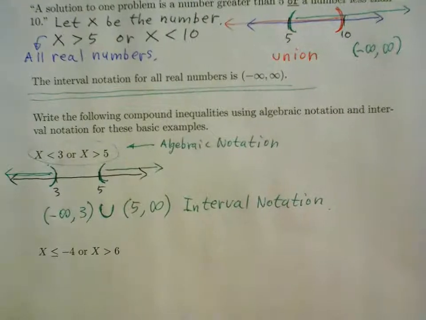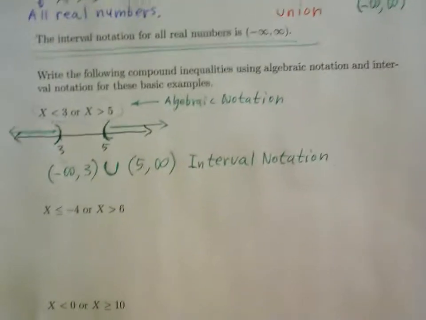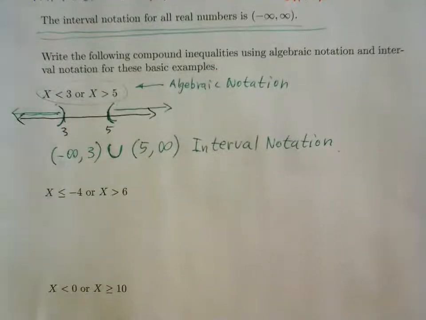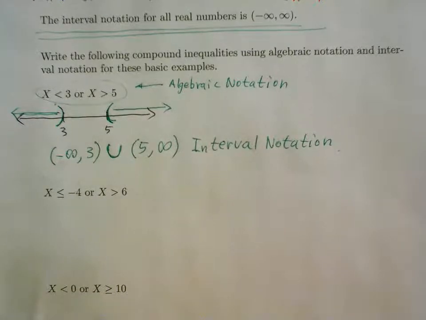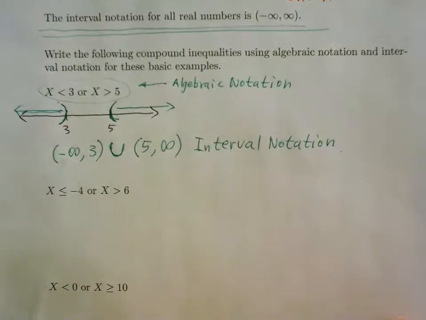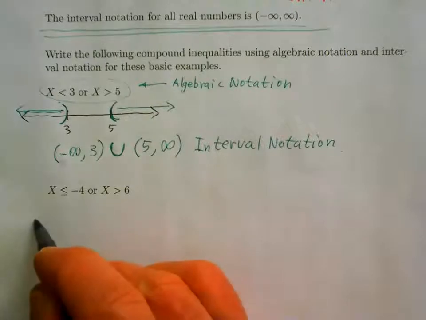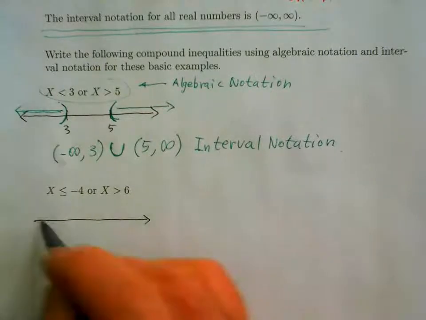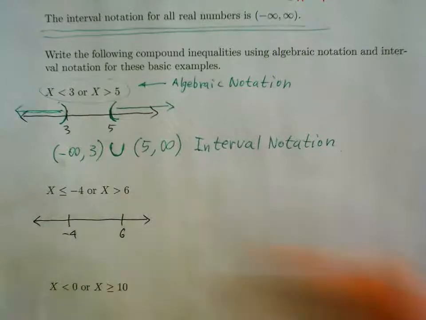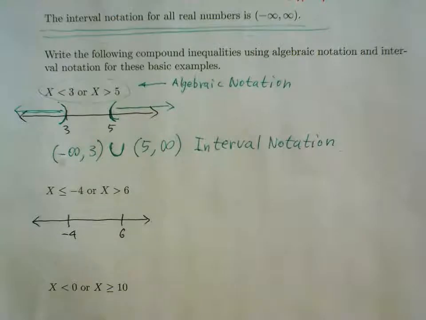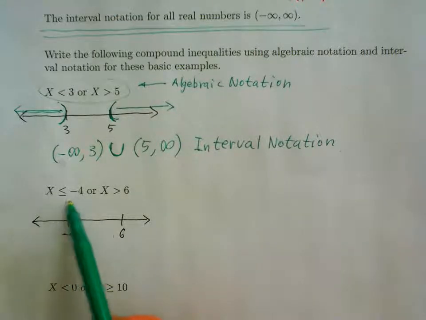Okay, the next one is also fairly simple. A basic example. x is less than or equal to negative 4, or x is greater than 6. So if we graph this, we plot the numbers -4 and 6. x less than or equal to -4.